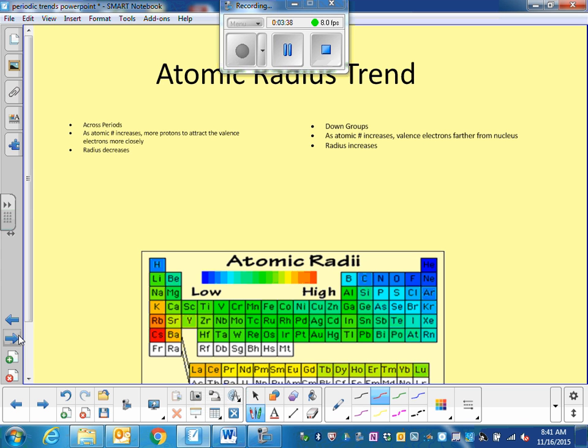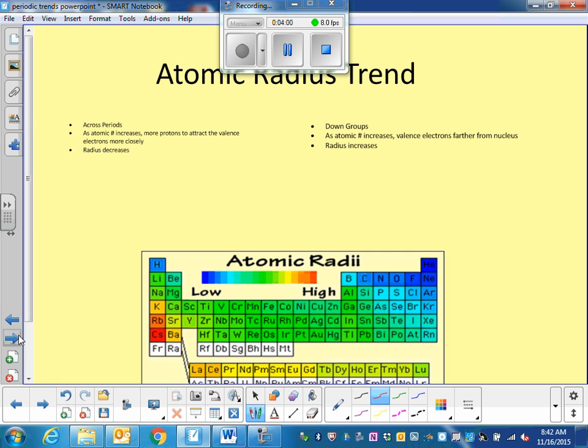You should remember that atomic radius increases going down and decreases going across. Will that picture be drawn and you'll be asked a question? No.